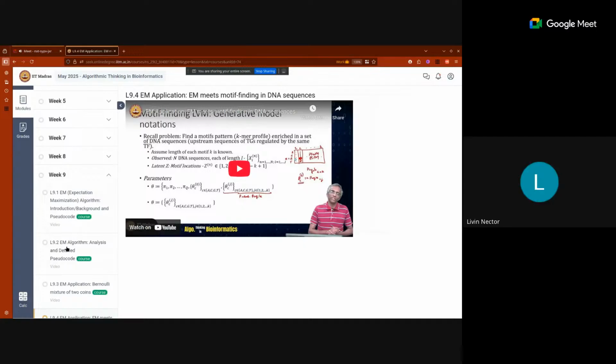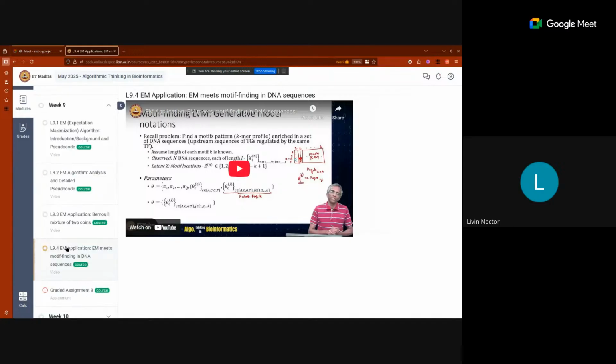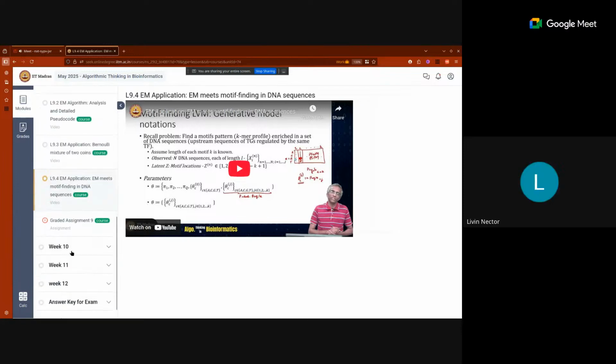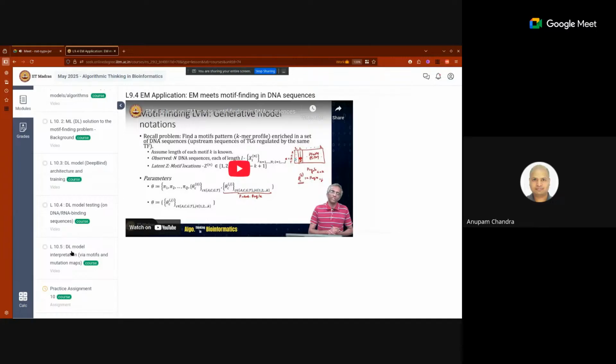You might not have thought about whether we can do this using the EM algorithm. Okay, understood. So the application part is the most important part to understand from a bioinformatics perspective: that there are problems in bioinformatics that can be solved relatively better by using the EM algorithm.